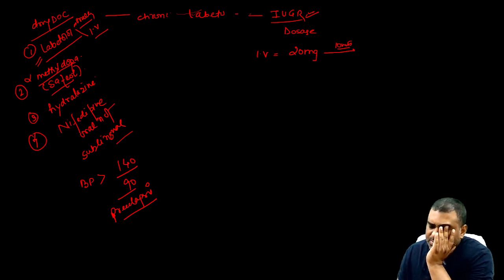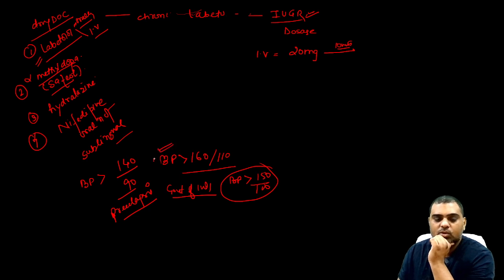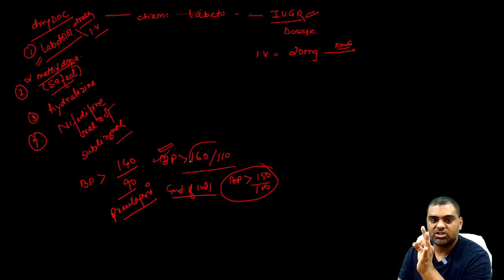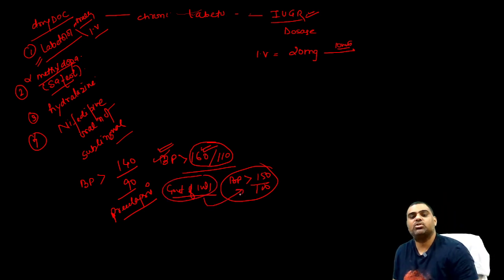According to the American and European guidelines, they start drugs at BP more than 160 by 110. But in India, according to the Government of India, we start antihypertensive drugs when the BP is more than 150 by 100. Please remember this. The American, European and Australian guidelines say start antihypertensives after 160 by 110, but the Government of India says start once the BP is more than 150 by 100.